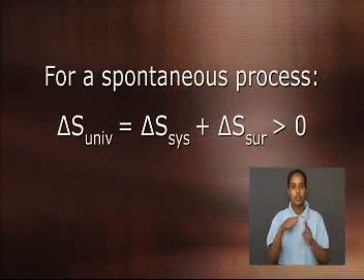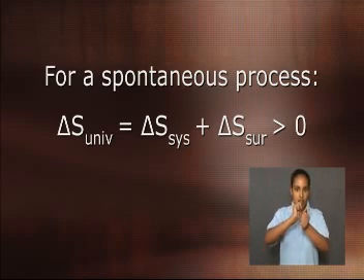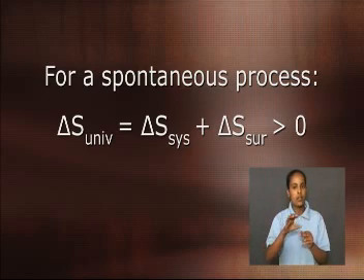The second law states that for a spontaneous process, the entropy change in the universe must be greater than zero. However, the law does not place any restrictions on the entropy change of a system or its surroundings. Thus, either of these can be negative, so long as the sum of the two is greater than zero.